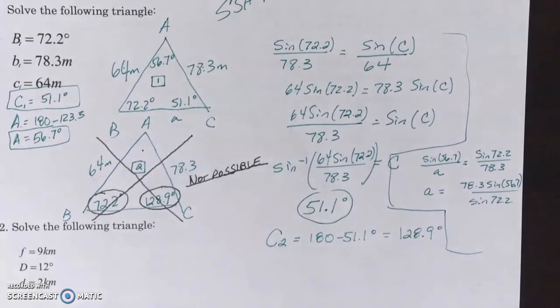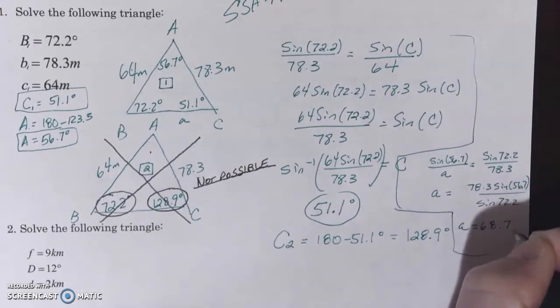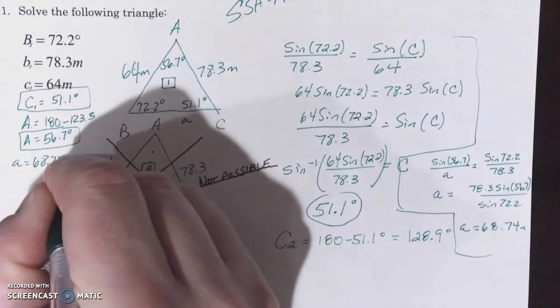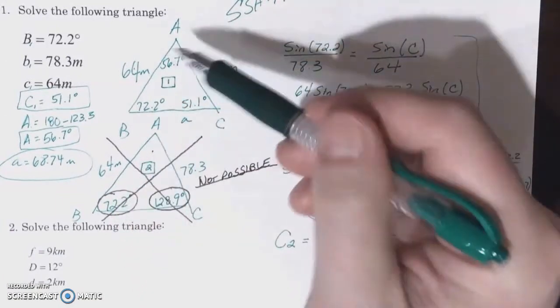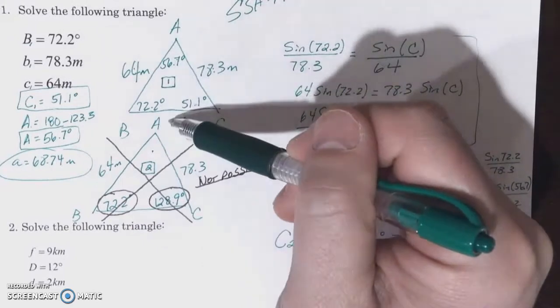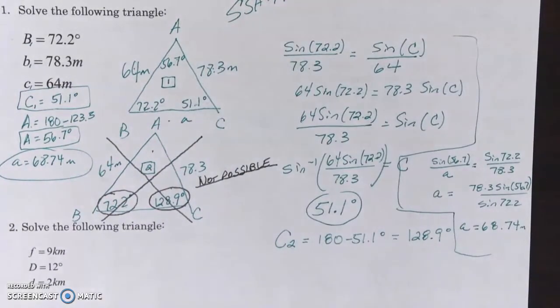This is going to go right into the calculator. For that, we get 68.74. Does that make sense? Smallest angle across from the shortest side, middle angle from the middle side, largest angle from the largest side. This looks really good.